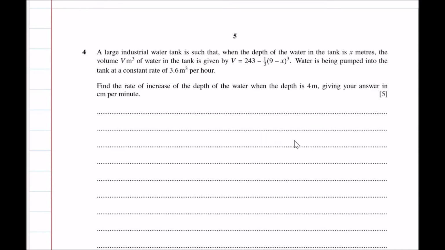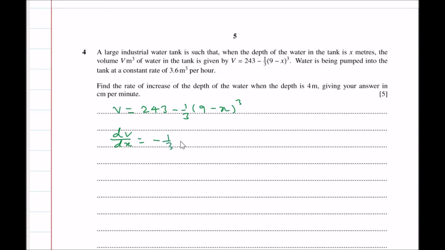Okay. So let us write first what we have in this question. We have been given here V equal to 243 minus 1 by 3 into (9 minus x) whole cube. Now let us find dV by dx for this. So dV by dx, for 243 it becomes 0, so no need to write.